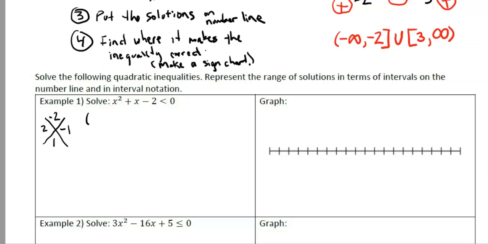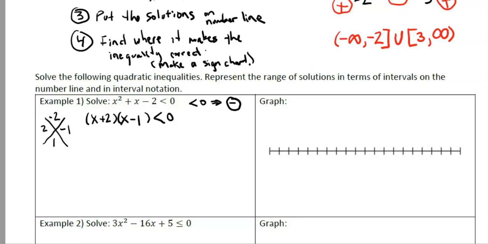So we can factor this and say x times x, and then we put in the numbers that we've got here, +2 and -1. And this has to be less than 0. So less than 0 means that this thing is negative.